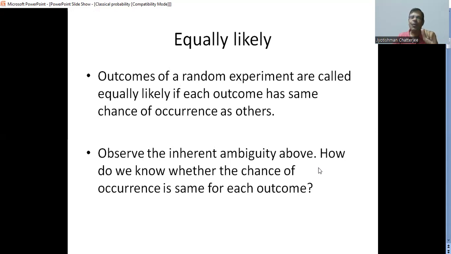That's not quite satisfactory. However, we cannot bypass this kind of ambiguity. So let's see what actually it means, although we cannot really completely mathematically define this term. Intuitively, it will be fairly clear. So let's get into that.